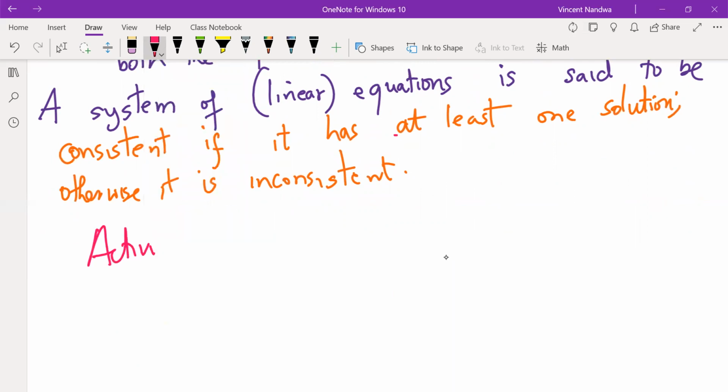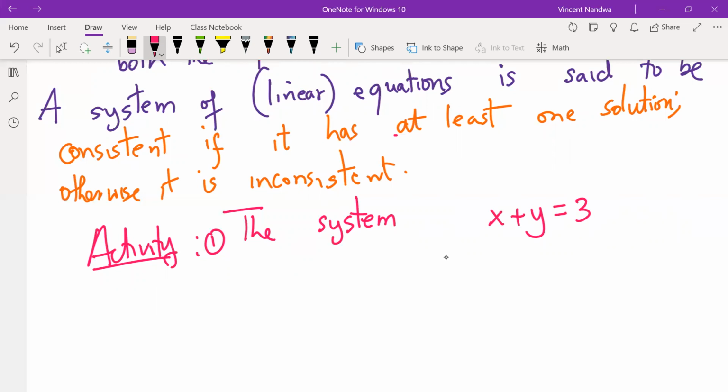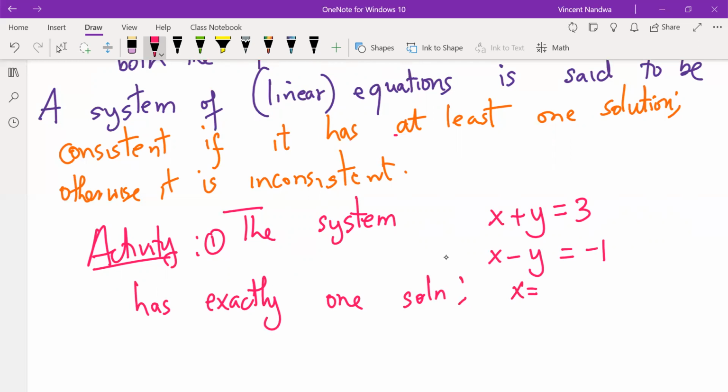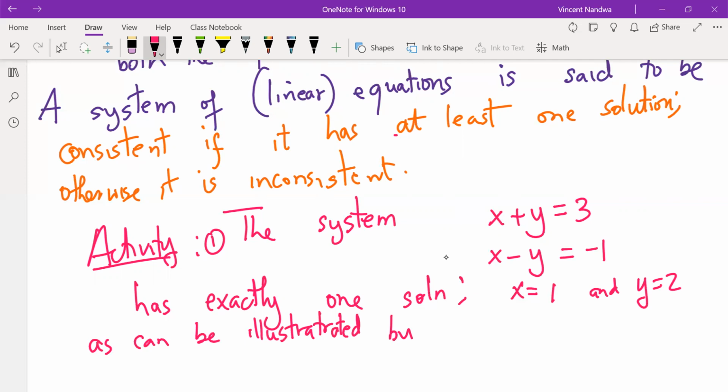So the system, that's one, x plus y equals 3, x minus y equals -1, has exactly one solution, where x is given by 1 and y is given by 2, as can be illustrated by the graph.